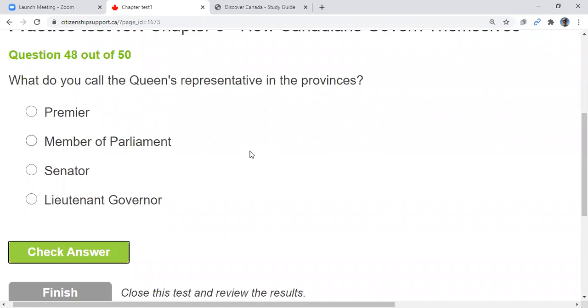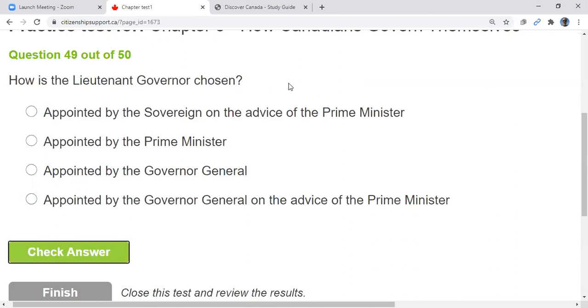Member of Parliament, Senator, or number 4? Yes, very good. Lieutenant Governor. How is the Lieutenant Governor appointed? Appointed by the sovereign on the advice of the Prime Minister, number 4?